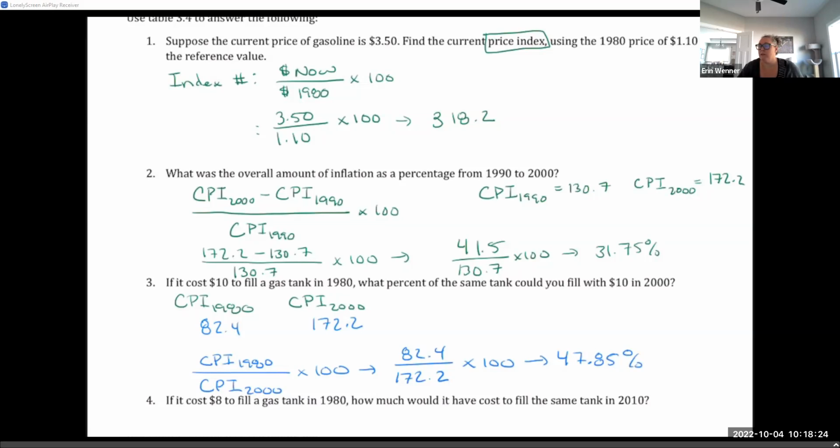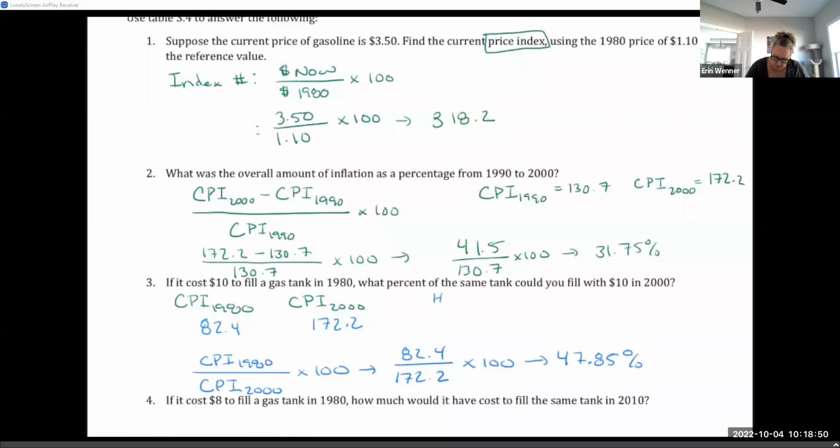And like I said, on your homework, let me see if I can tell you which homework problem that is specifically. It's number 3 on your homework. And it says, if it costs $3 to fill a tank of gas in 1960, how much of the same tank? So it doesn't want the percent.